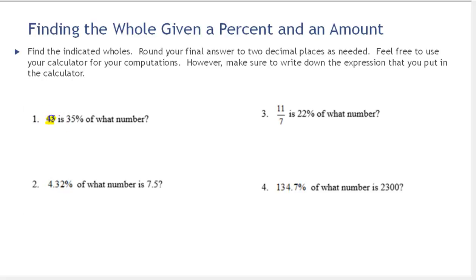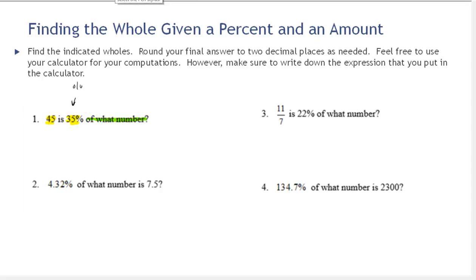So we're given 45 and 35%. The percent is always what I find first because it's easiest, because it says percent. And since it's a number, we're not looking for the percent, we're given the percent. Okay, and now let me just highlight of what number in green.